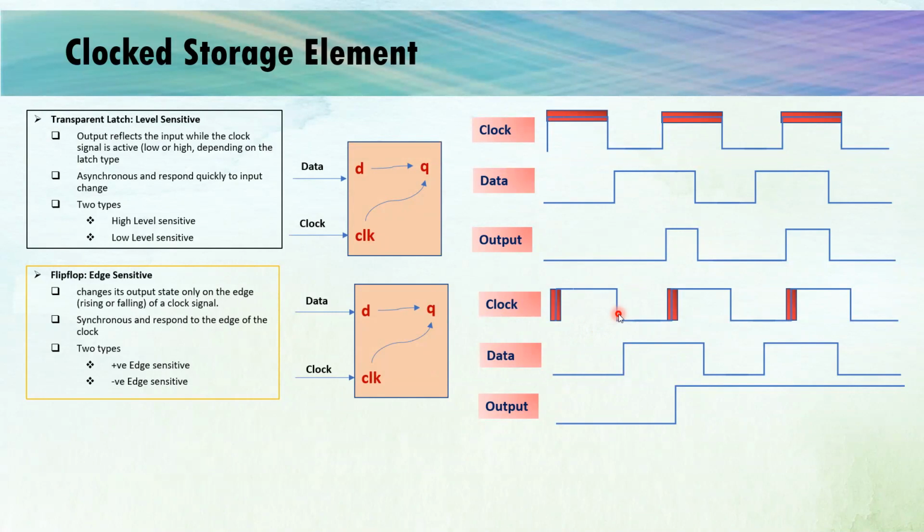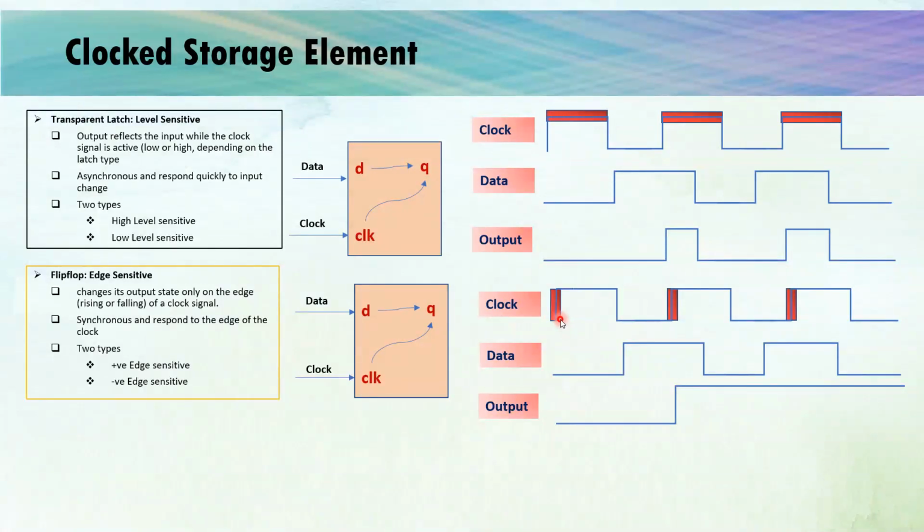In the same way, there are other kinds of flip flop which are negative edge triggered. If the flop that is going to latch the data is sensitive to the negative edge, then that type of flop is called a negative or falling edge triggered flip flop.